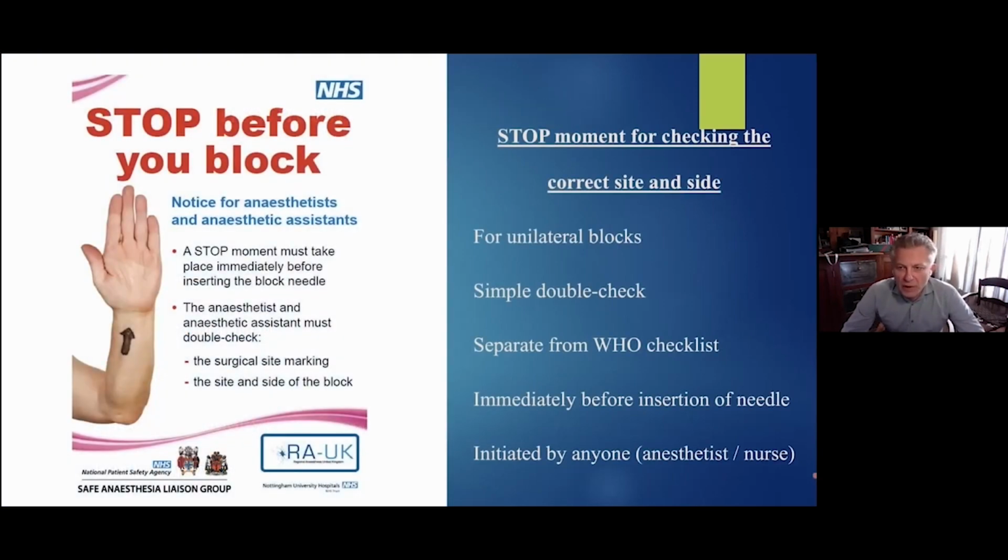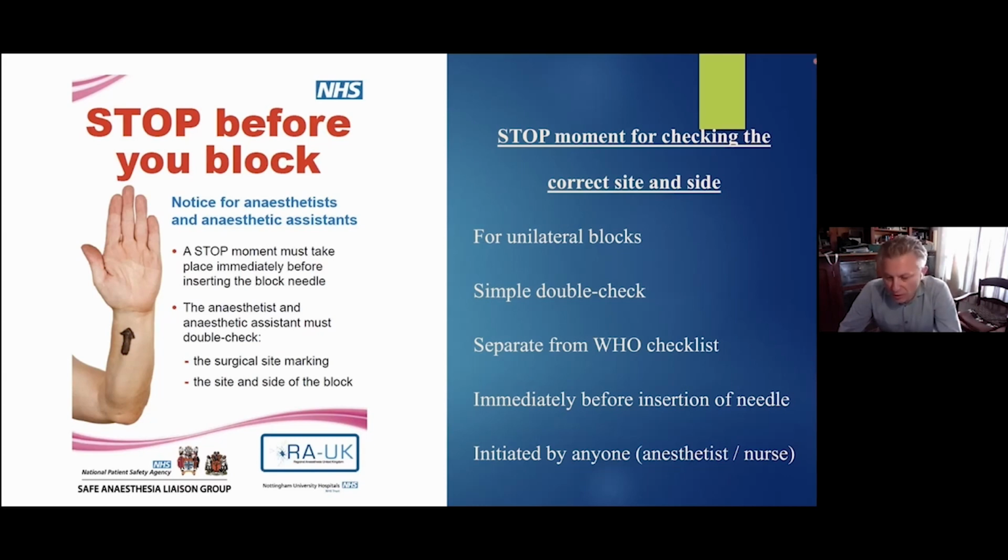Before performing the block, you take some time, a stop moment, for checking the correct side of the block. Why? To avoid wrong side blocks. And that's especially for unilateral blocks. It is a simple double check.